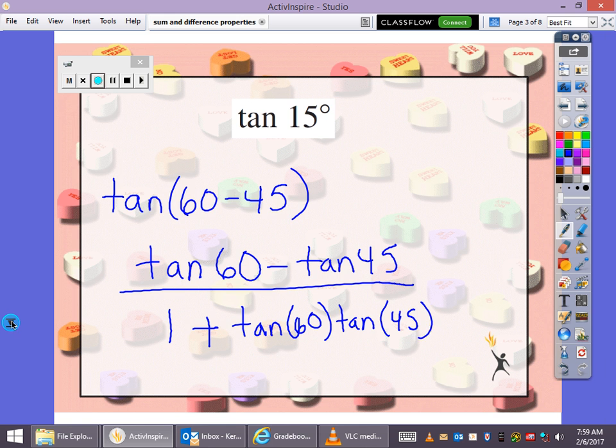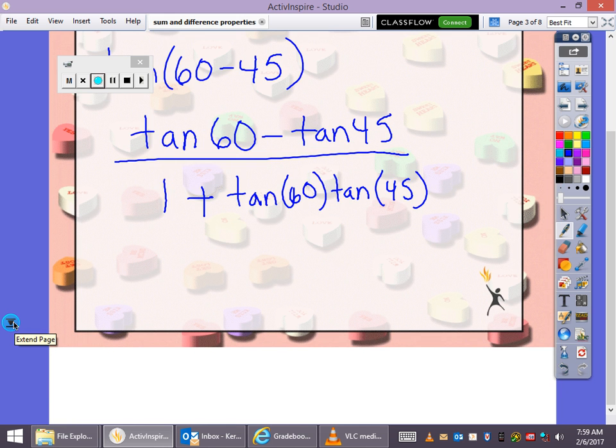Okay, now doing the hand trick. The tangent of 60 is what? Square root of 3 over 1 minus tangent of 45, which is square root of 2 over square root of 2, which simplifies to 1 whole. Okay?